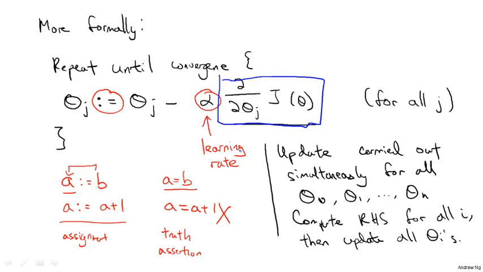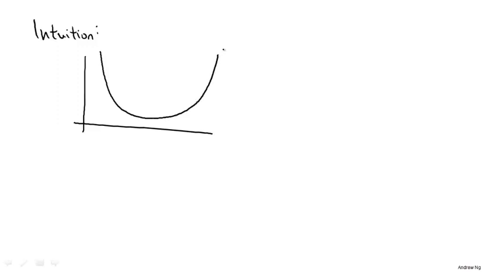Why is it that updating theta using this partial derivative term reduces the value of J of theta and helps move us towards a minimum? Let's look at a simplified example. Suppose we have a function J of theta, where for this example theta is just a real number rather than a vector.